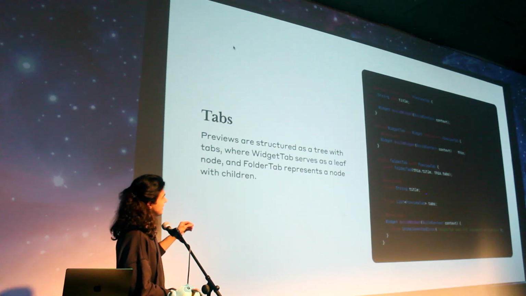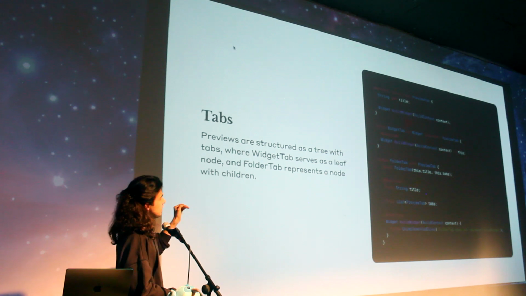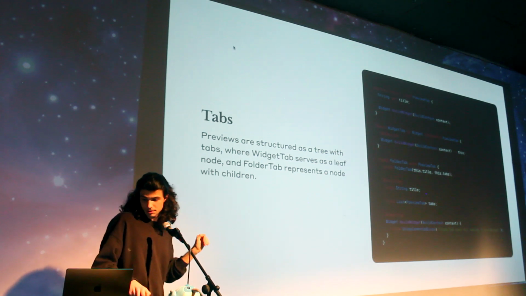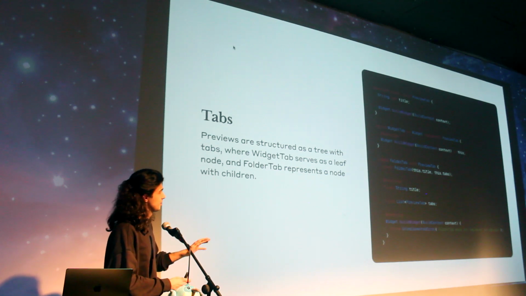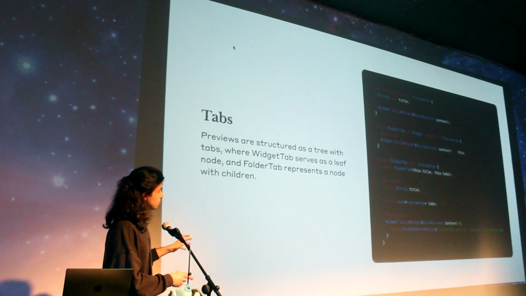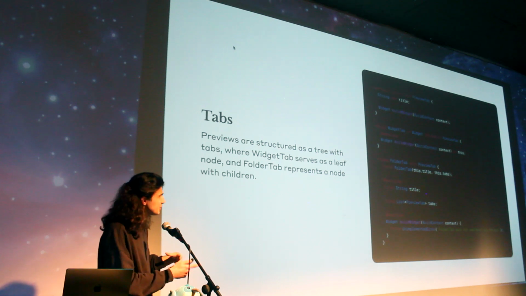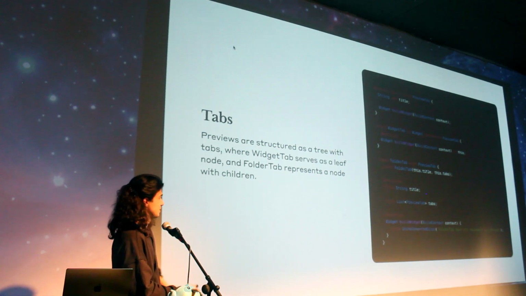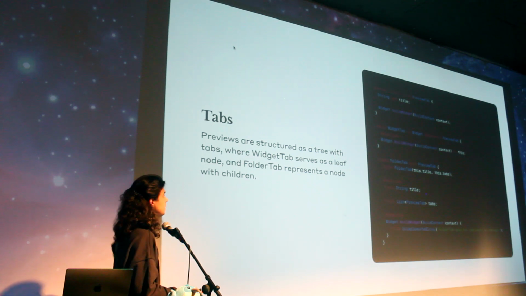You will create a buttons folder tab, and then inside of it you will create widget tabs like primary, secondary, destructive, icon button tab, something like that. Again, this code doesn't pretend to be best practice or something I recommend, but it is like food for inspiration. So you can implement something better.